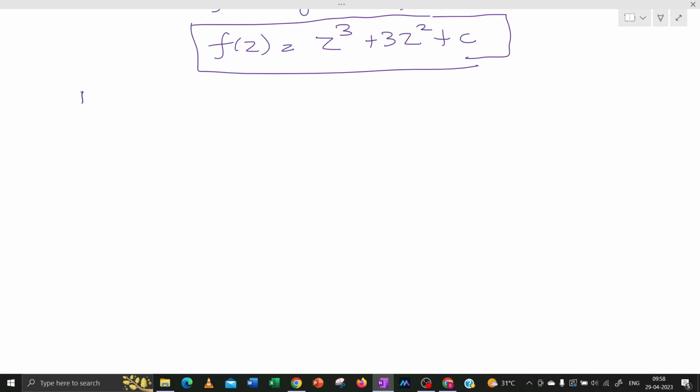To find the harmonic conjugate, we know that z equal to x plus iy.